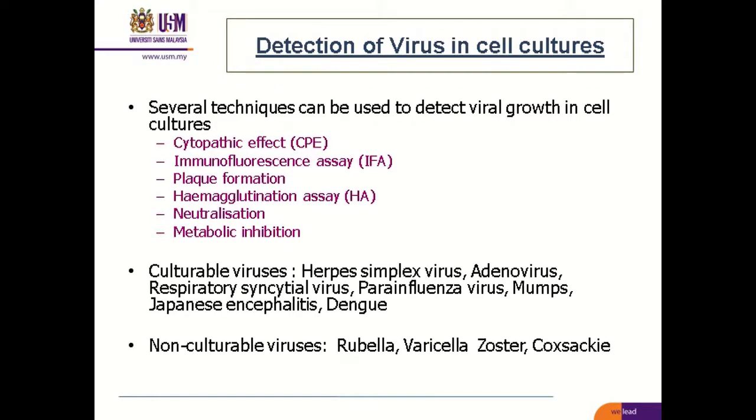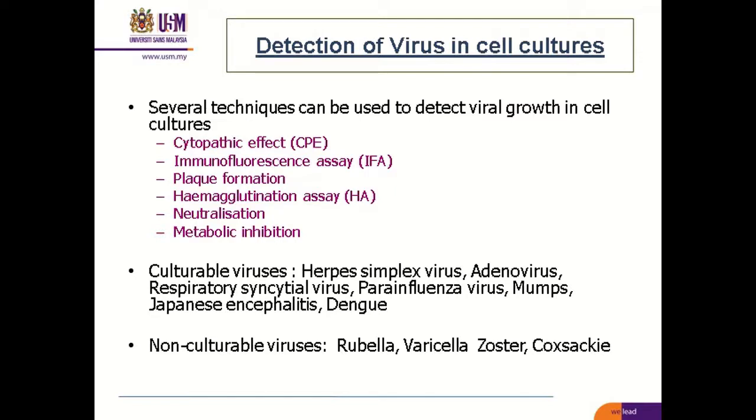For viral culture, we can use it to grow the virus in cell cultures, and when the virus grows in the cell cultures, we can observe cytopathic effect, immunofluorescence microscopy, and we can do plaque formation, hemagglutination assay, neutralization tests, and metabolic inhibition tests. All these tests we can do to identify the virus.